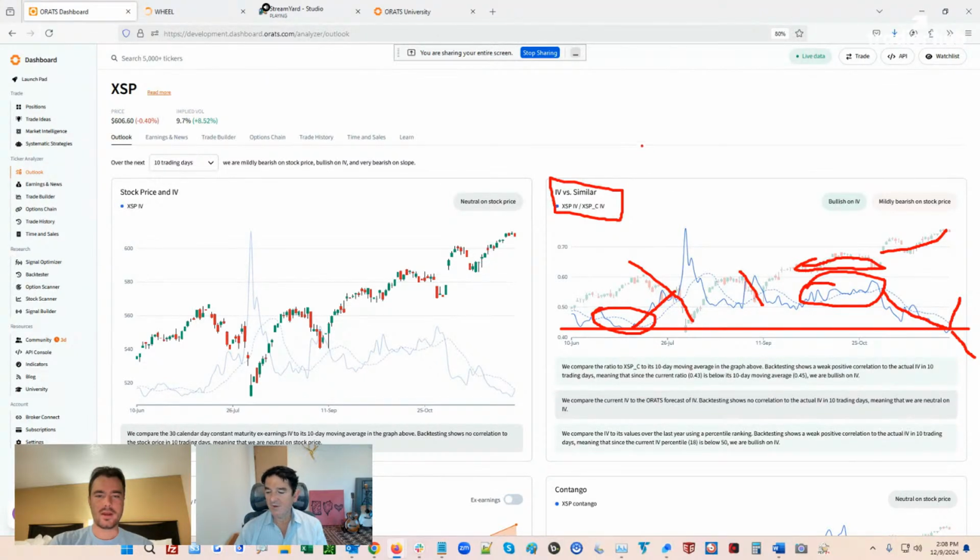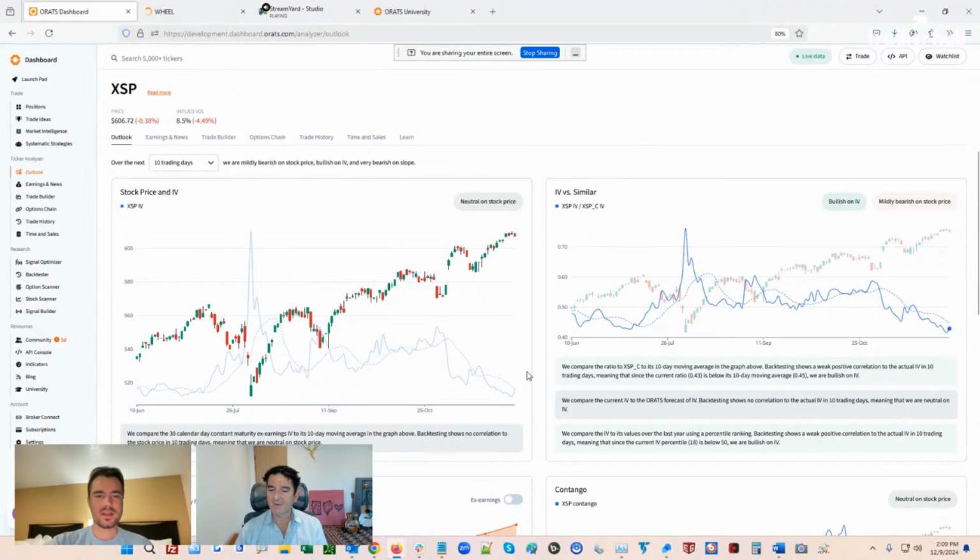Yeah. And another thing these charts tell us is about each one of these signals that you see, the three bullet points below, where we're comparing the IV to its history, to the forecasts of IV, and also to its components. That's something we've backtested on a simple level: the relationship between the moving average and the expected IV in 10 days.